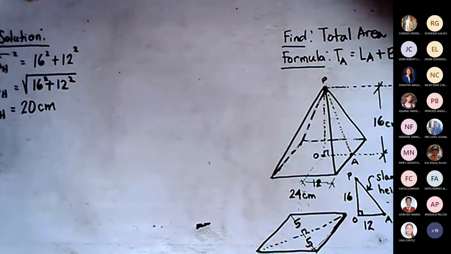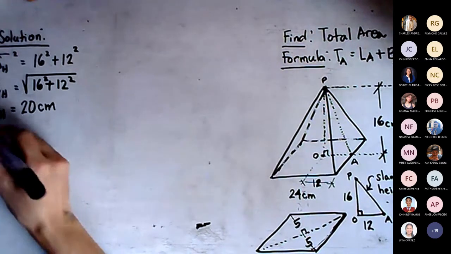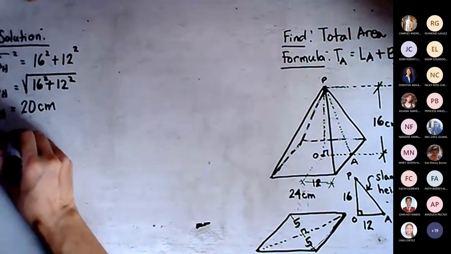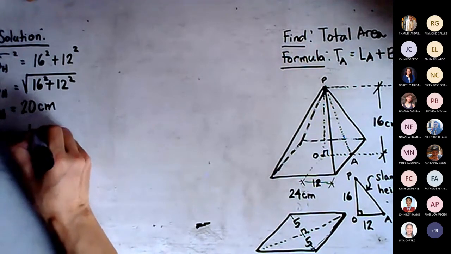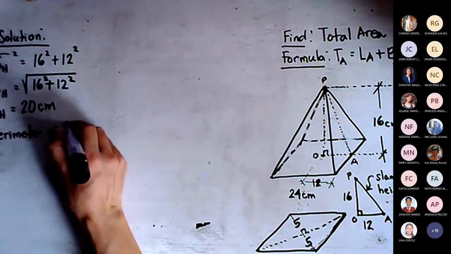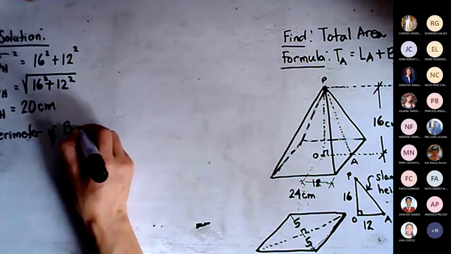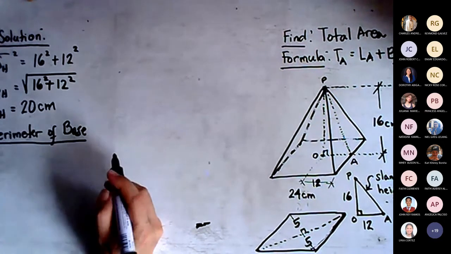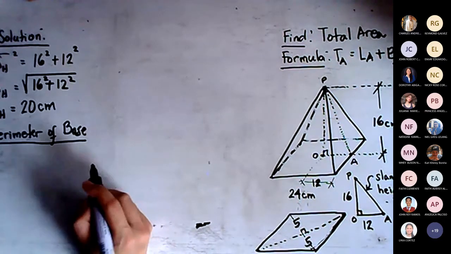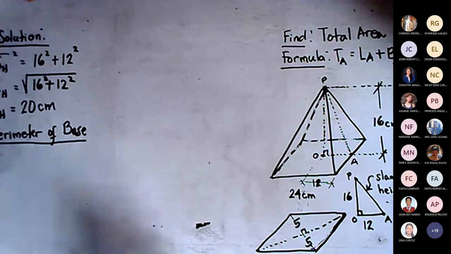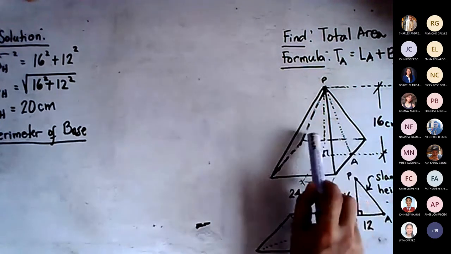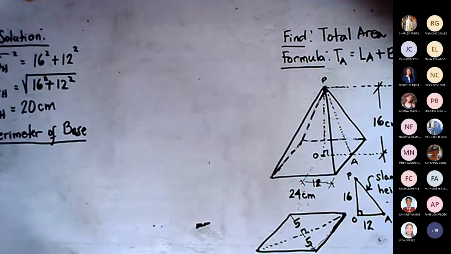How many sides do we have for the base? 4 po. Okay, so in order for us to determine the perimeter, we're just going to add all the sides of the base.